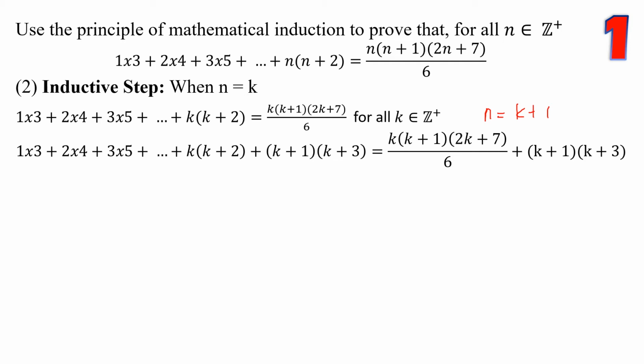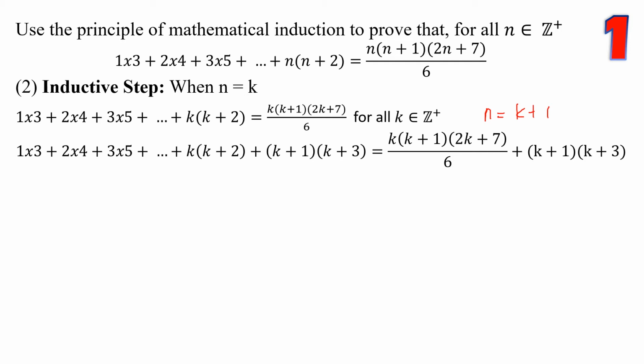On the right-hand side of the equation, we would have the original formula for the sum, that is k times k plus 1 times 2k plus 7 all over 6 plus k plus 1 times k plus 3. That is the next summand.